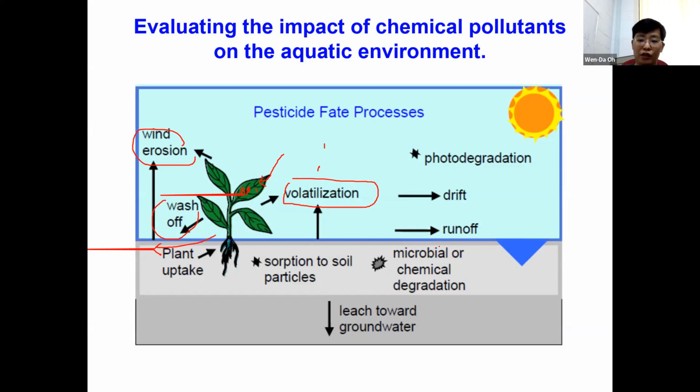Okay, it can undergo chemical degradation. This will be our focus later. It can leach into the groundwater, causing harm to the groundwater and drinking water. And in fact, it can also be photodegraded, through the abiotic reaction that we talked about just now, right? So these are some of the examples of the pesticide fates that can happen.